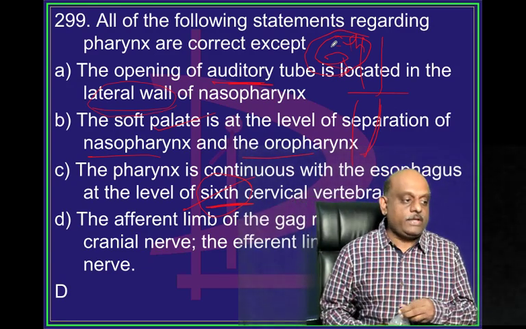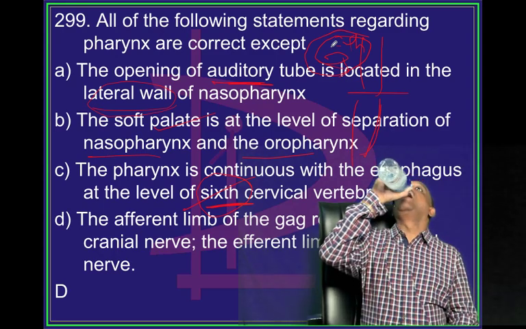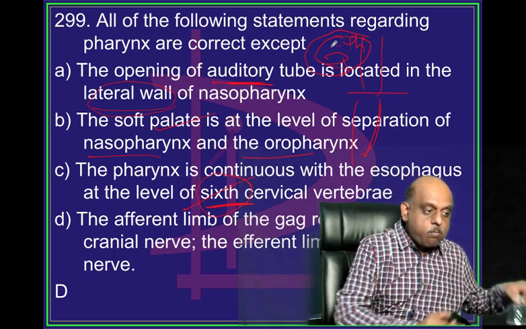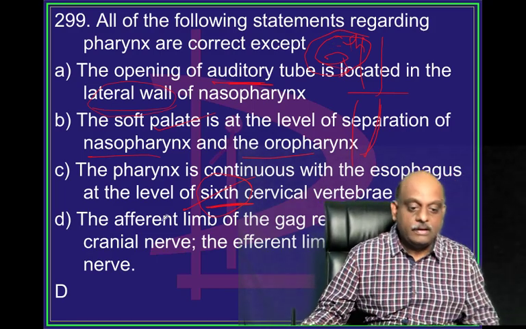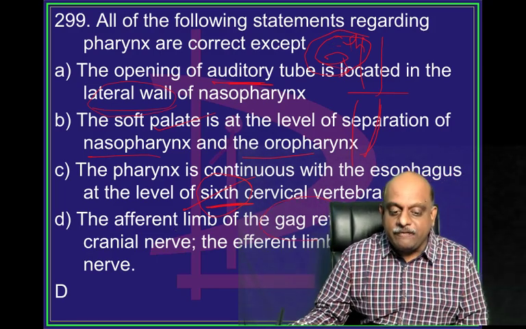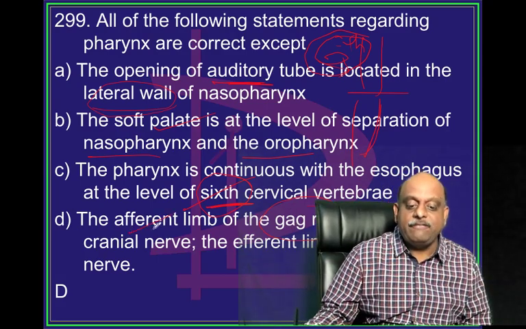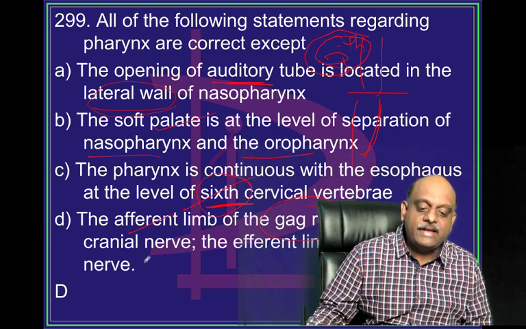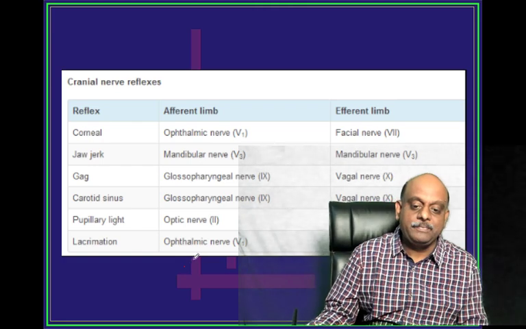Now, what is the wrong statement about this? The gag reflex: the 10th cranial nerve is the efferent and the 9th cranial nerve is the afferent. That is what you need to remember.